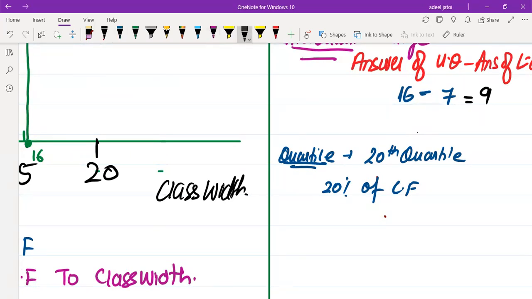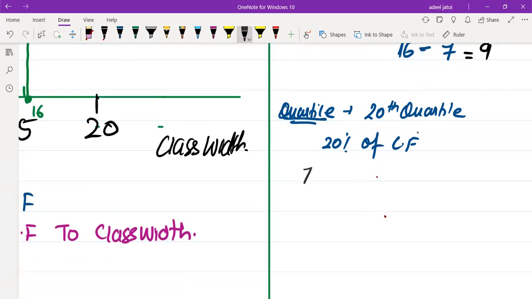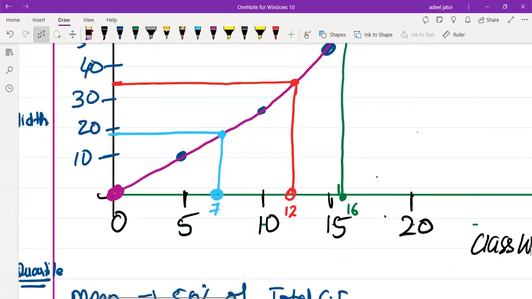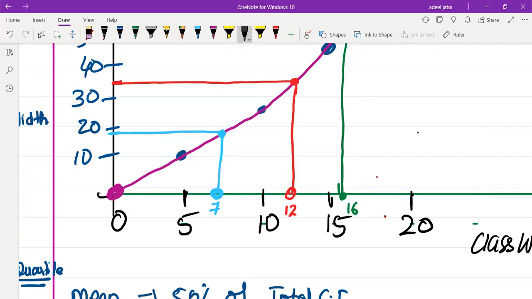So if we take 20% of the cumulative frequency, your cumulative frequency is 70 times 20%, so we end up with 14. Now 14 is your cumulative frequency. This is not your answer. We'll go back to the graph and find 14. Your 14 will lie somewhere here, right? Let's say this is your 14. You'll drag the line down towards the class width.